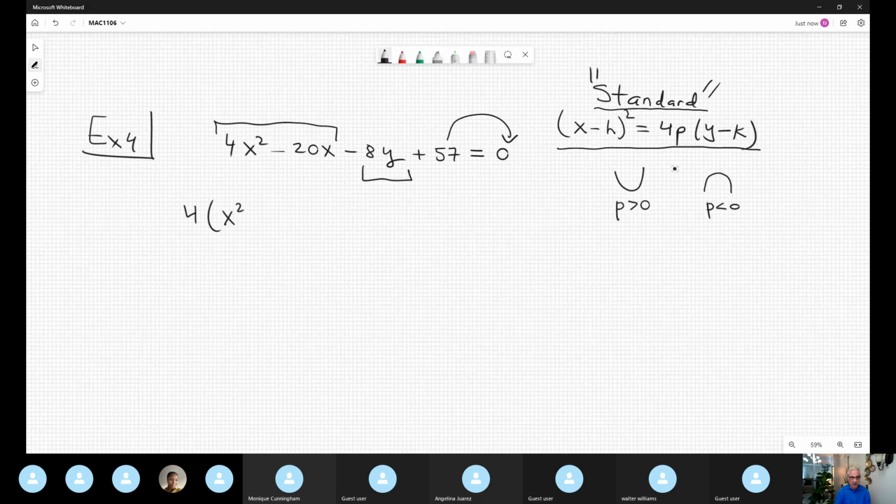x squared minus 5x. I suppose that I need to complete the square. I put a box. Remember the box, you put inside the magic number that completes the square, right? Now, that part looks similar to this part. So now I recommend that you move 57 to the right-hand side, or minus, no?